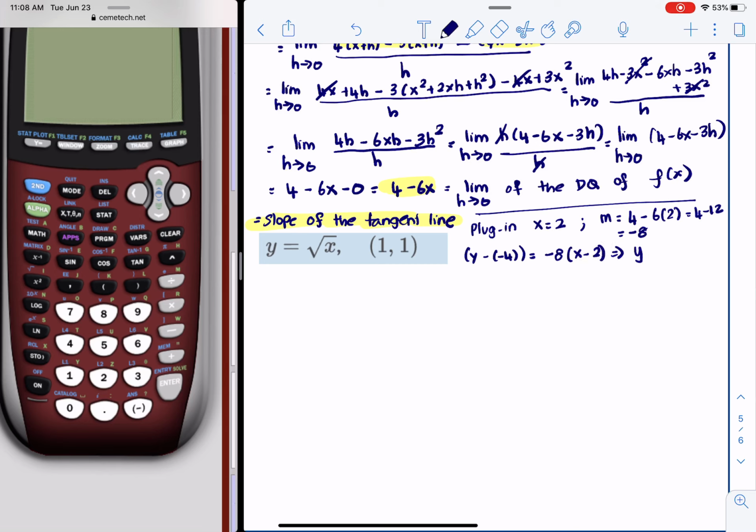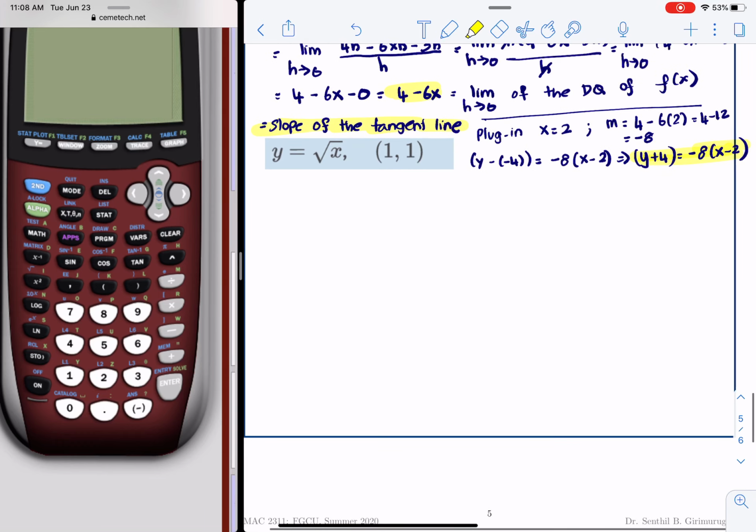So the equation of the tangent line in point slope form is y plus 4 equals negative 8 times x minus 2. So that is the final answer. If you want, you can write it in the slope-intercept form with a little bit of algebraic operations.